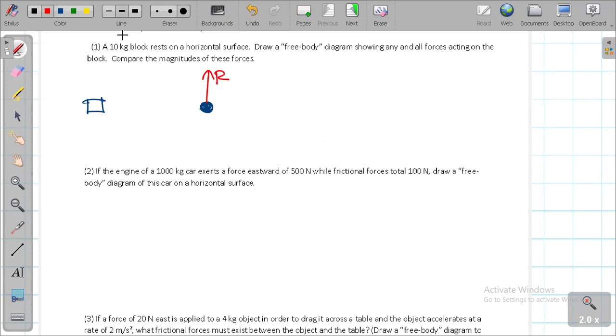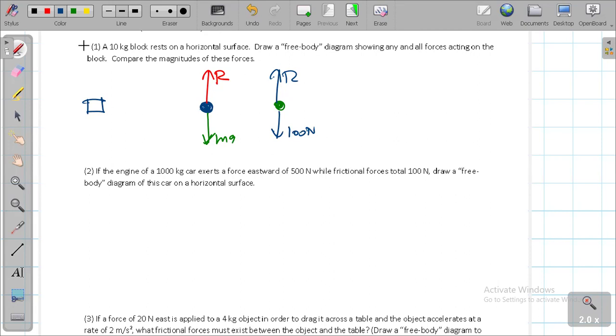That is the reaction. The downward force, since it is 10 kg, you can write as mg, or alternatively, if you have written 100 Newton, it is still acceptable.